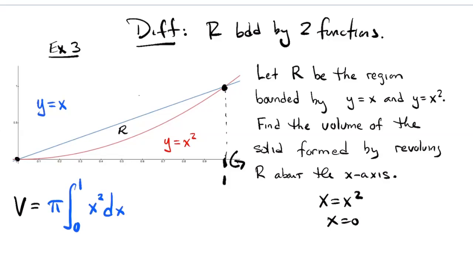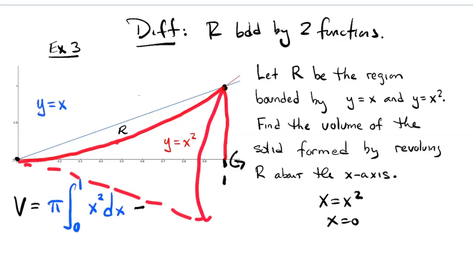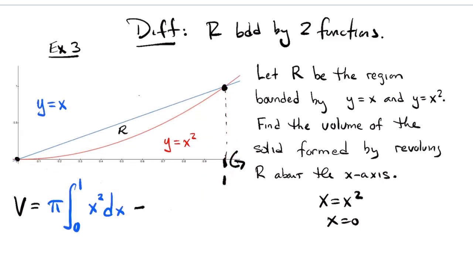But that's not the right answer, because we have to subtract from that the volume from the parabola, because our region is bounded below by the parabola y equals x squared. If you imagine what solid you'd get by revolving the region y equals x squared around the x-axis, it's again this bugle-shaped thing. And we want to take that volume away.